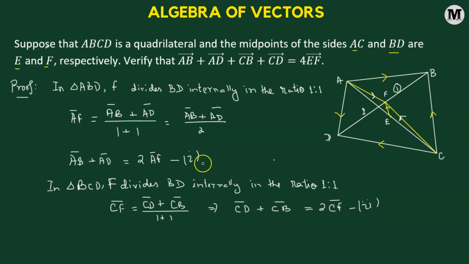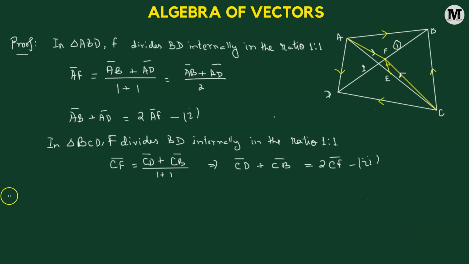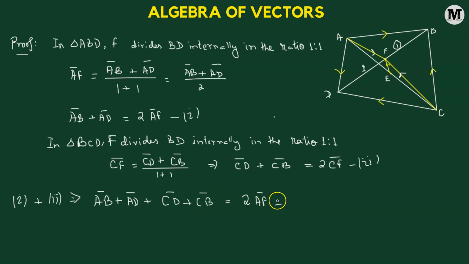Now we're going to add equation 1 with equation number 2. We have 1 plus 2. On the left hand side we have AB vector plus AD vector added to CD vector plus CB vector, and on the right hand side we have 2 times AF vector plus 2 times CF vector.